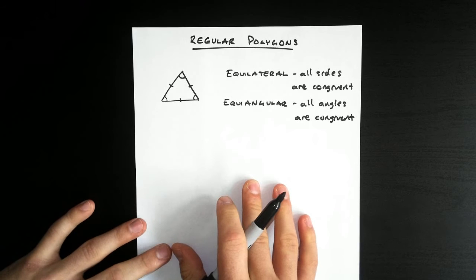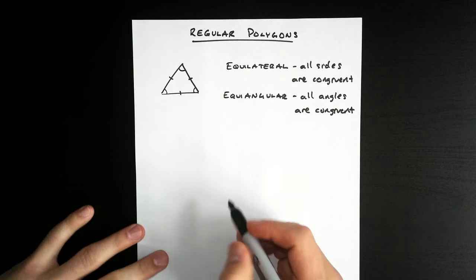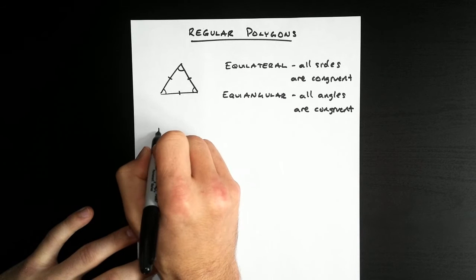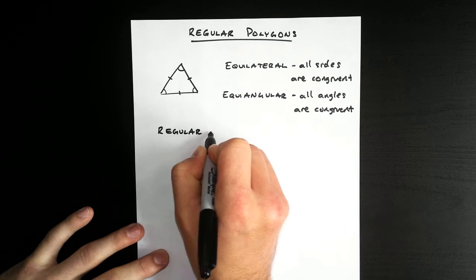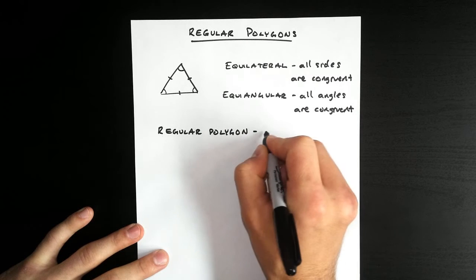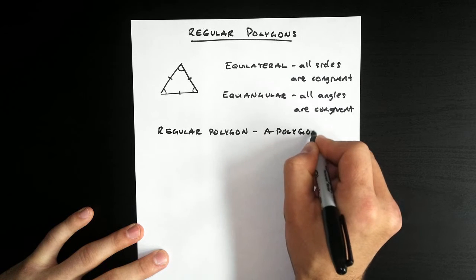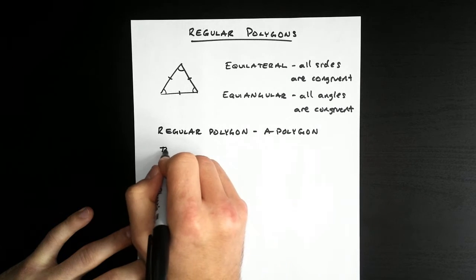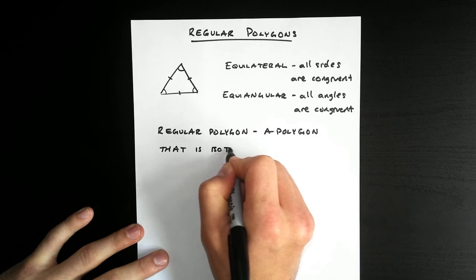So when a polygon is equilateral and equiangular, we call that regular. So a regular polygon is a polygon that is both equilateral and equiangular.